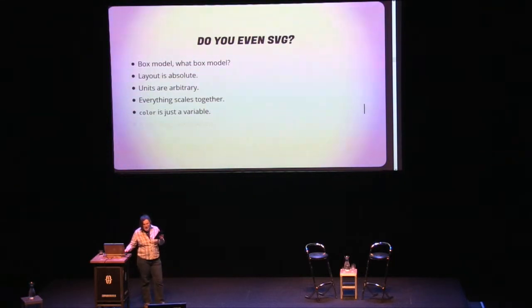Now, the one most overriding thing that you're going to have to understand if you're going to use CSS for SVG is that there are bugs. There are bugs, there are bugs, oh my goodness, there are bugs. Now you might say that this is true about all CSS, especially new CSS, and that is also true.